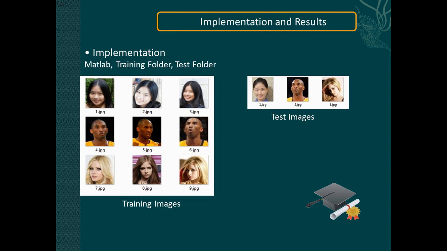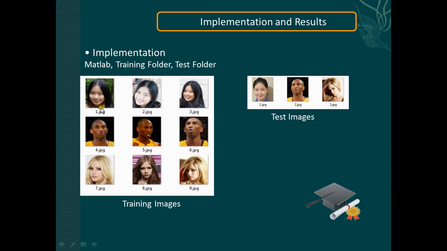So now I will demonstrate my implementation and results to you. In my project, I use MATLAB as the software and development tool, and there are two folders. The first contains the training images, and the second contains the test images. The training images have 9 images for 3 people.